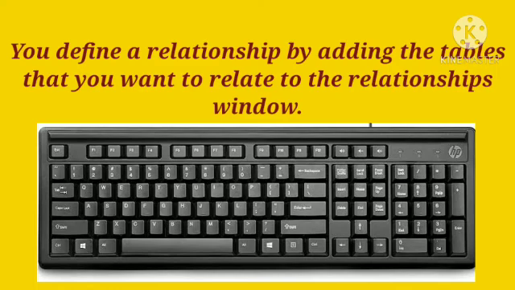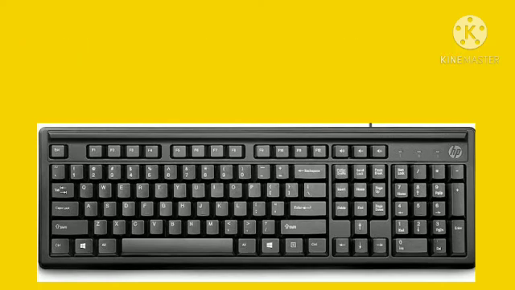Press Alt+R to select the Relationships menu and then press R to open the Edit Relationships dialog box. Press Alt+N to open the Create New dialog box. And then students, press Alt+C to create the relationship.